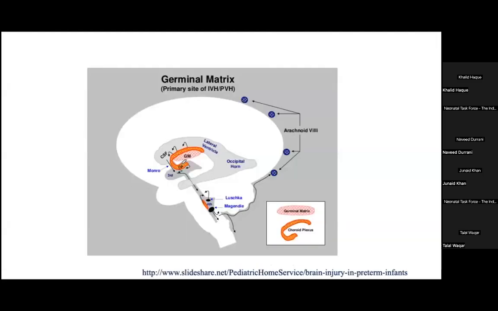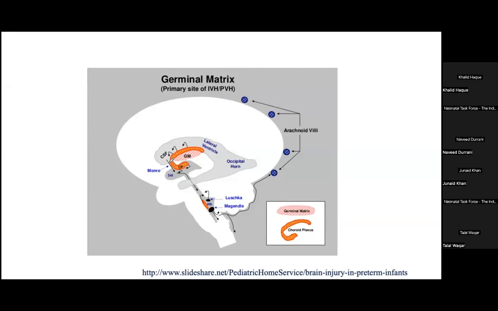This diagram is just to show you how the ventricles and the CSF flow. The pink dotted line is the germinal matrix, and the orange one is the CSF-producing choroid plexus in the lateral ventricle.